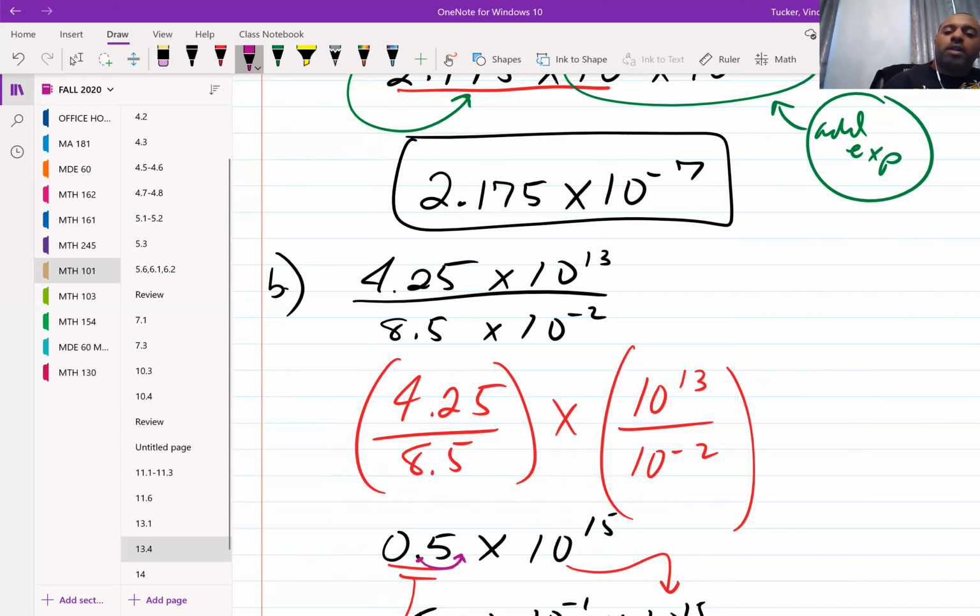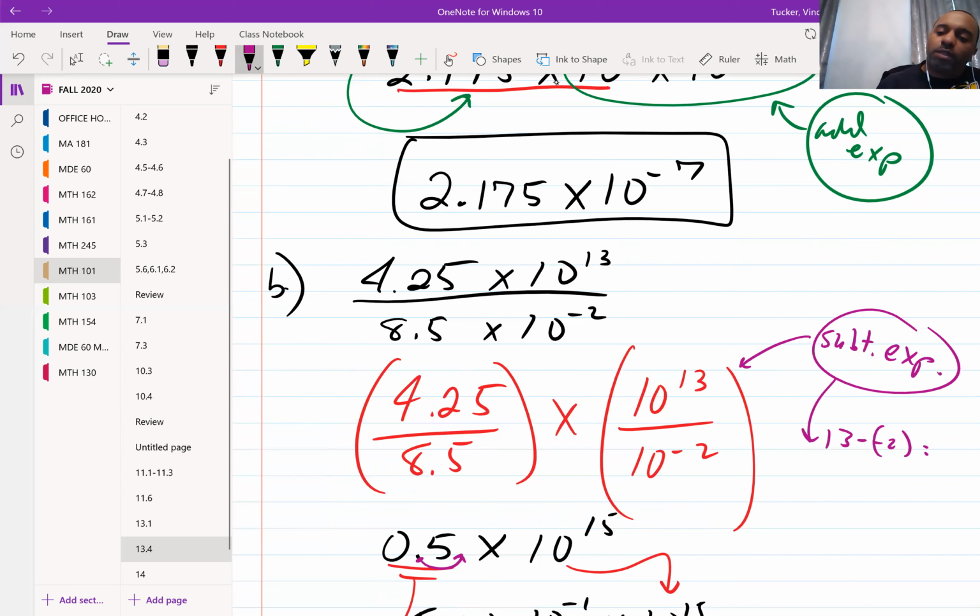All right, so here we need to subtract the exponents. Don't forget, just follow our same exponent rules. 13 minus negative 2, which is 15.